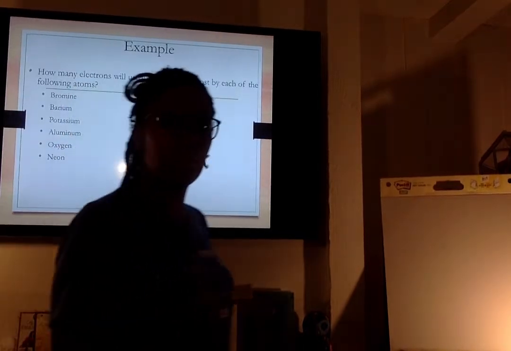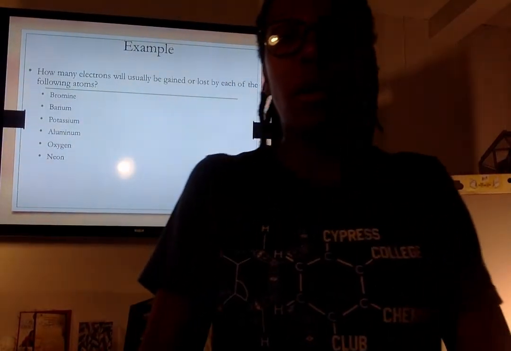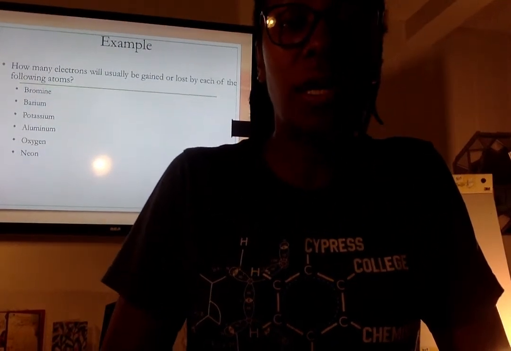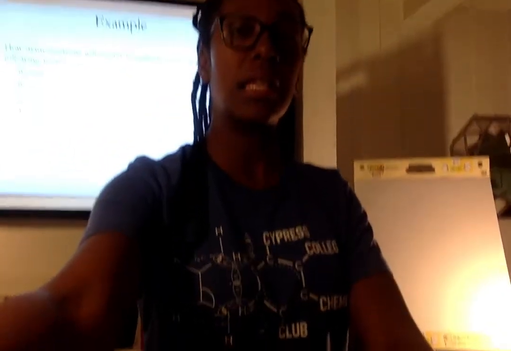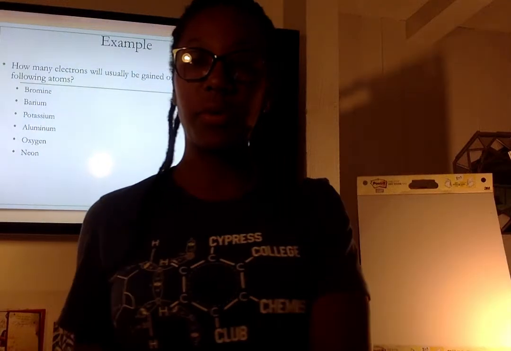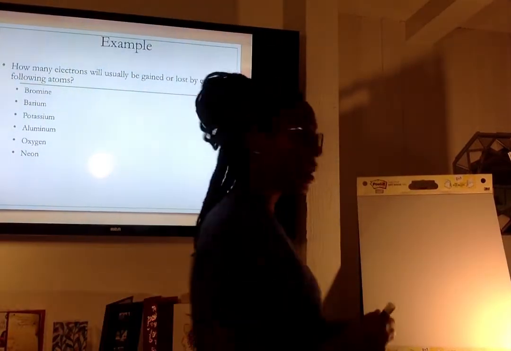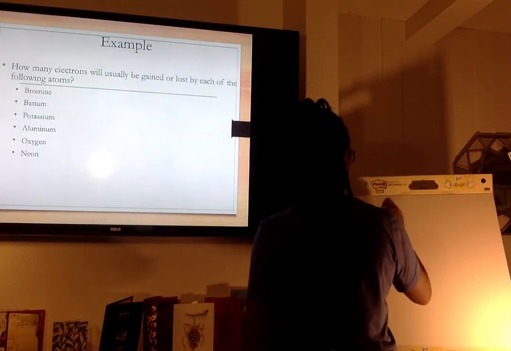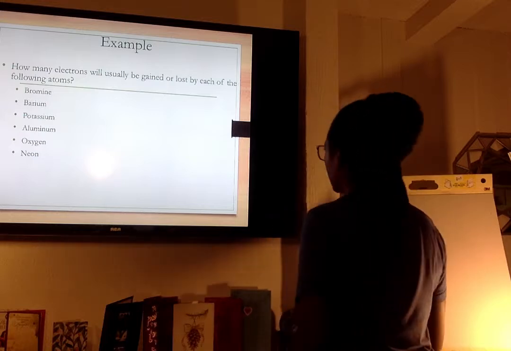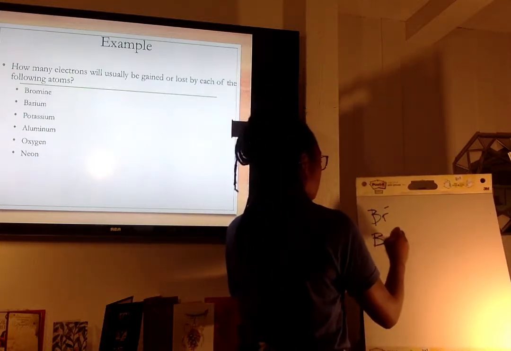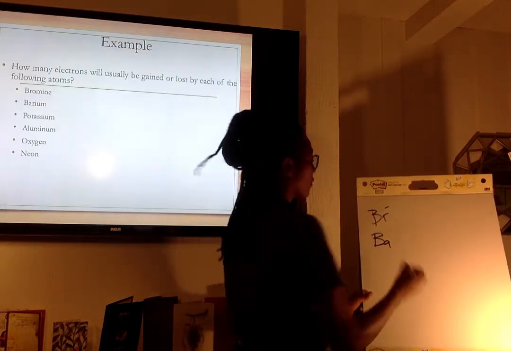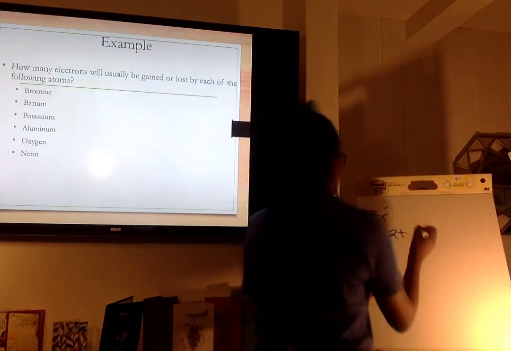So this is just literally asking, what are the charges for the following elements? What's the charge of bromine? 1-, right? So you just write minus. What's the charge of barium? What column is that in? It's in the second column, so it's 2+.